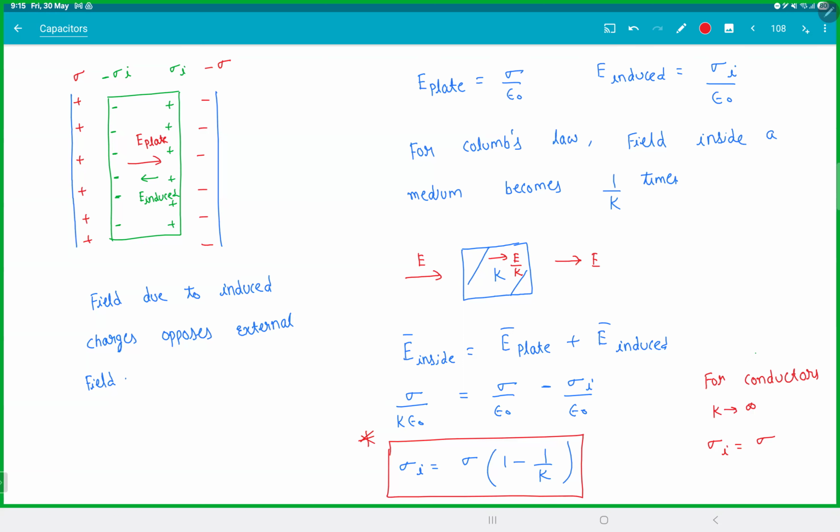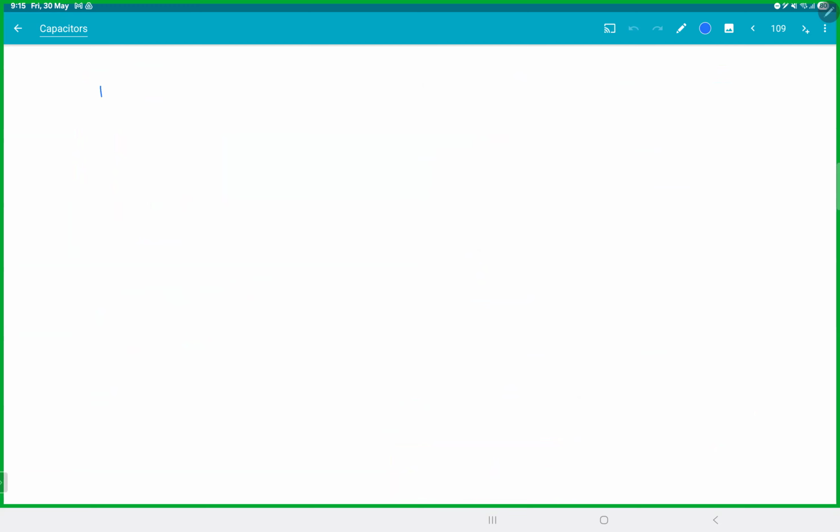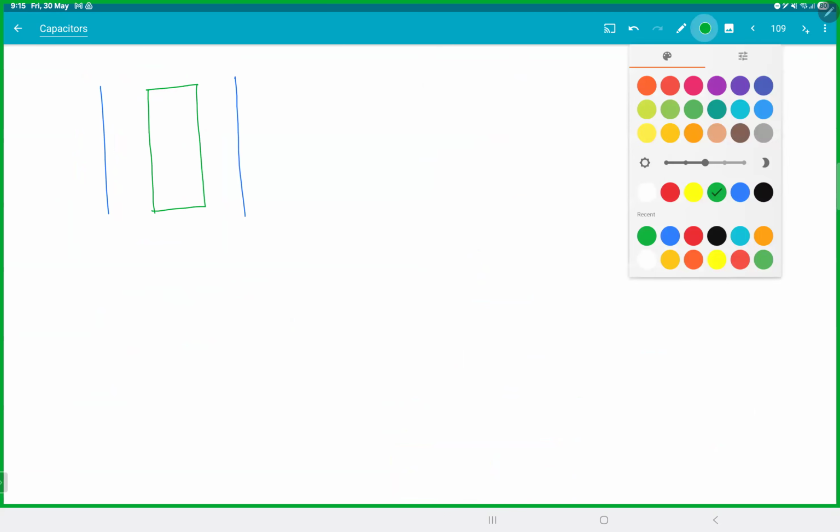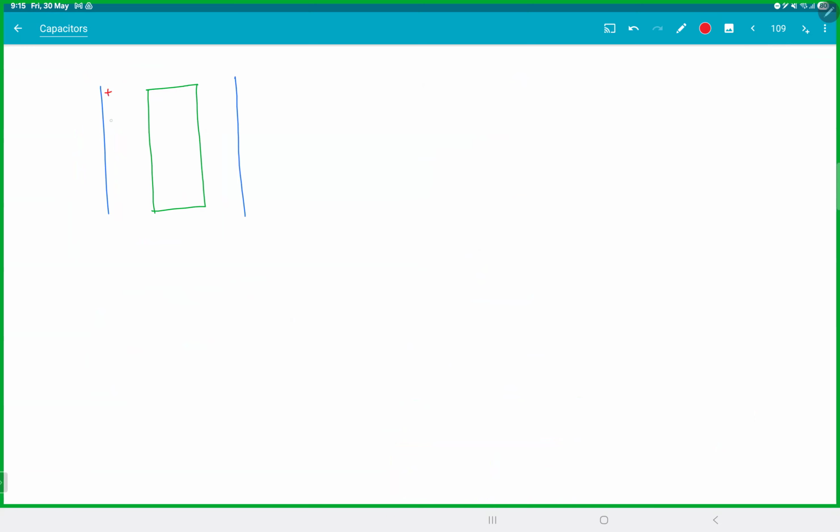Clear? That means if you take these two plates, this is plus Q, this is minus Q. So this will be minus Q induced and this will be plus Q induced.